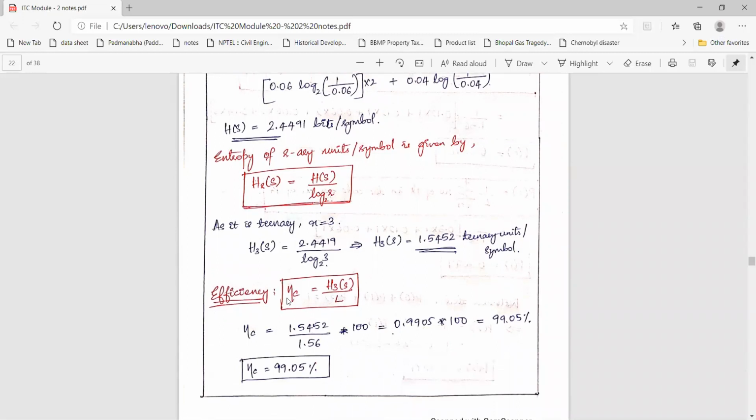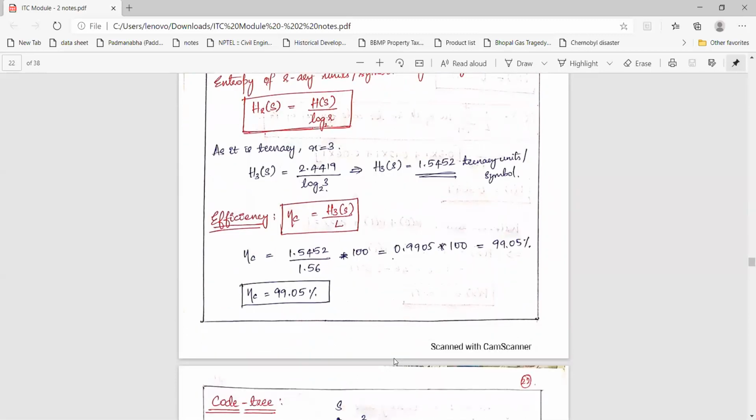Efficiency is given by eta equals H3 of S divided by the average length. Just substitute the values of H3 of S and average length, multiplied by 100 because we measure the efficiency in percentage. After substituting and calculating, we get the efficiency as 99.05 percent, which is a very good efficiency value.